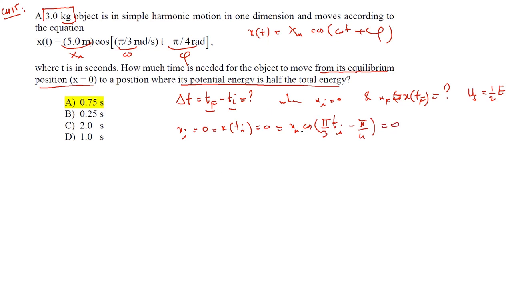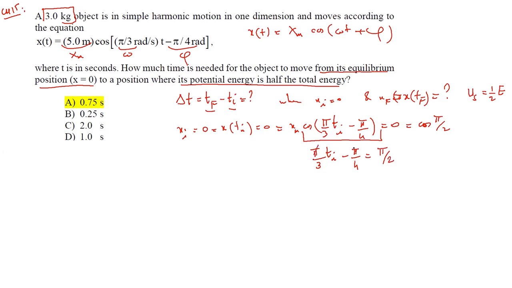This is 0 if this cosine is 0, and of course 0 is just cosine pi divided by 2.